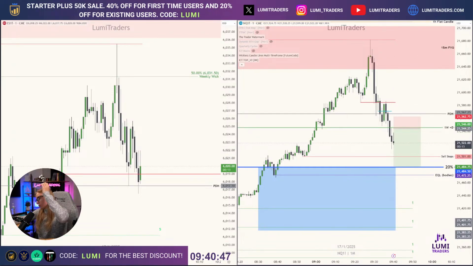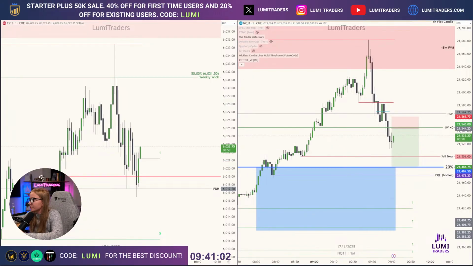I don't know, like, I really would like to try this, but I might try. Just retrace for me, please. Please. I want to make stop loss a little bit less.